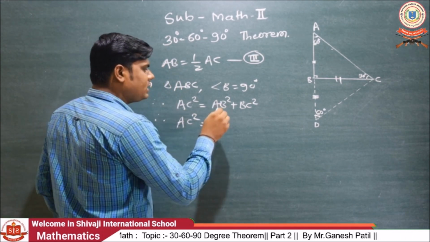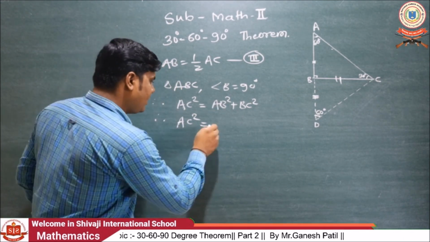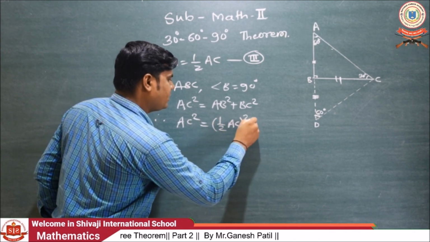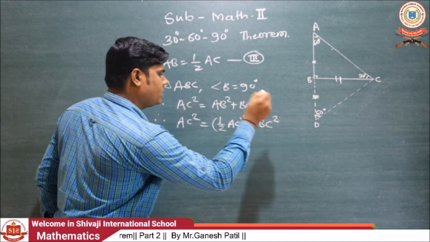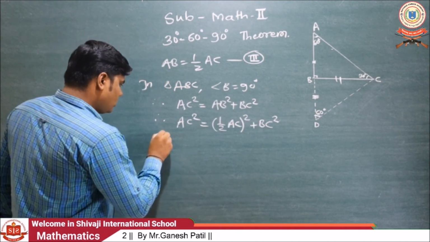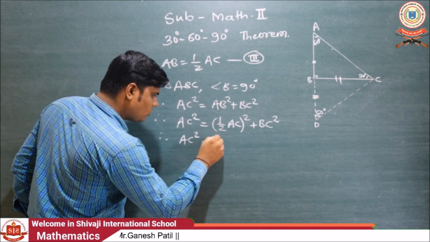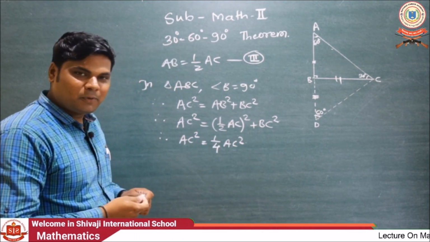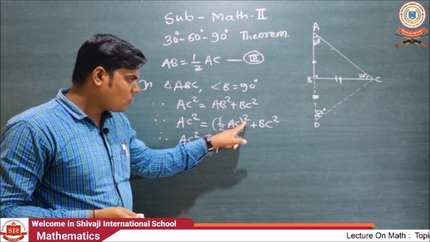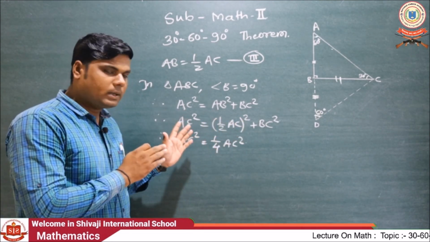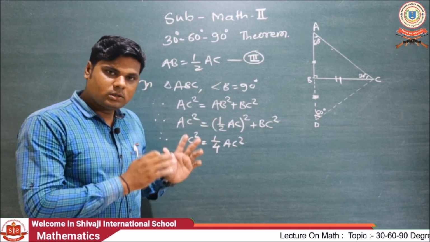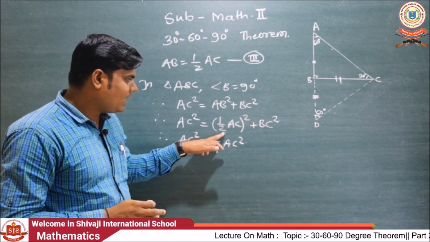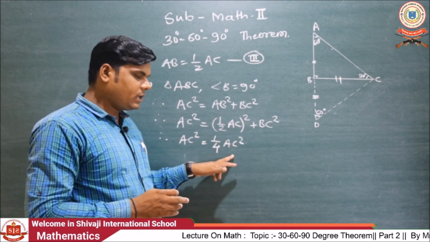We are just putting the values here. AC square is equal to (1/2 AC) whole square, as it is, plus BC square. Then AC square is equal to 1/4 AC square plus BC square, where the square is distributed to each number inside the bracket: 1 square is 1 and 2 square is 4.